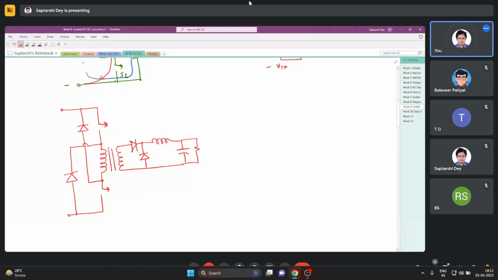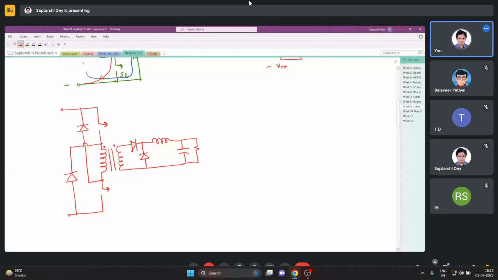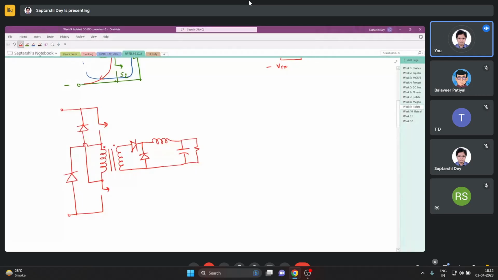See, now I have to draw the dots. In DC-DC converter, if you do not give dots in the circuitry, that doesn't make any sense in the transformers.